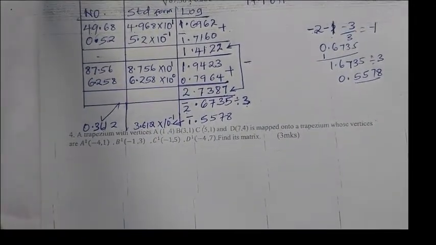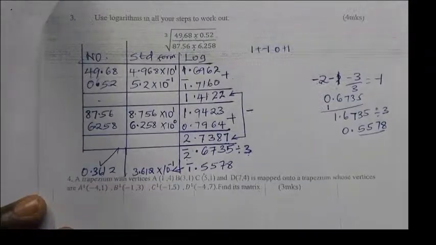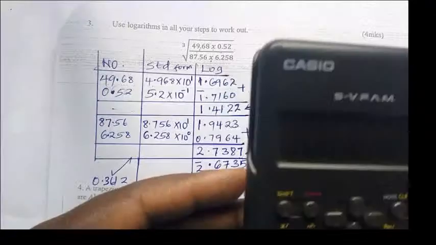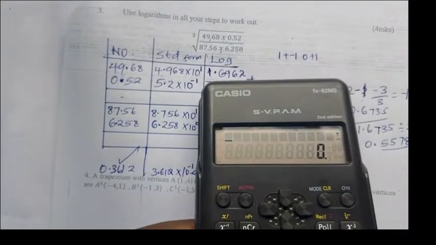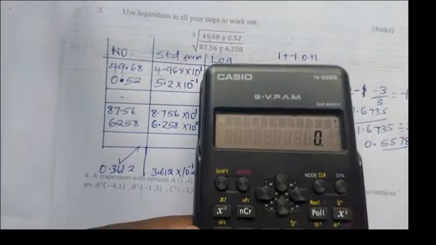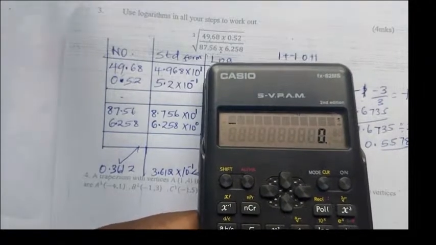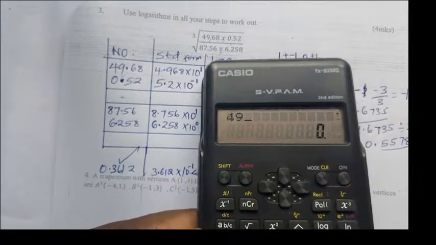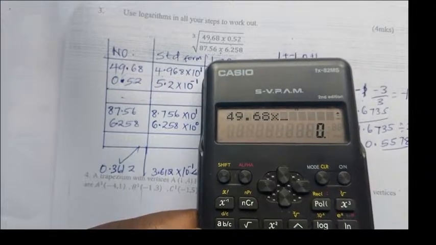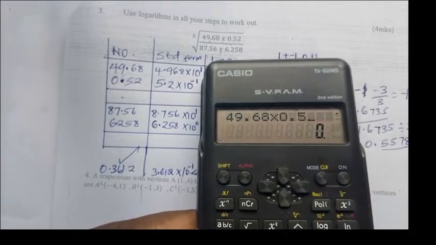So once you have finished, you need to check whether you did the correct thing. To check that, press the numbers directly as they were. So just press 49.68 times 0.52, get the answer.